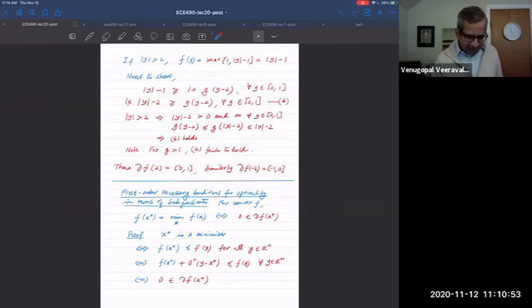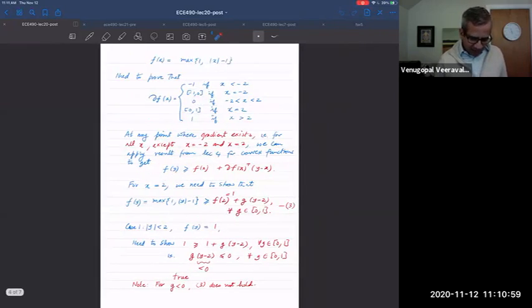So you really need to add these conditions to make this statement about the subdifferential completely accurate mathematically. If you look at examples in textbooks, they don't really pay much attention to that.